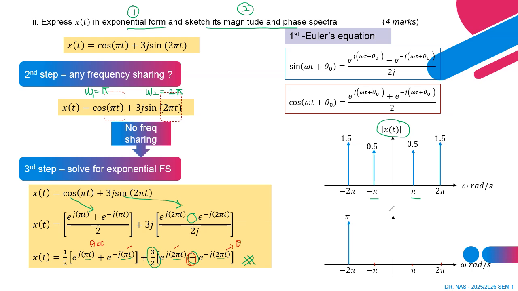To convert the negative sign, if you recall back in the first topic of the second chapter, I think the last page in the first lecture notes, when you have negative, it is equivalent to e^(j pi).